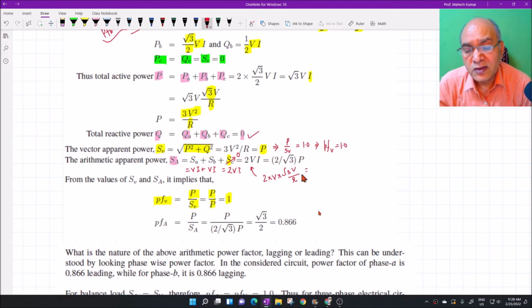Then we simplify in terms of the output power. So this becomes 2 B square. We multiply by root 3 and divide by root 3.